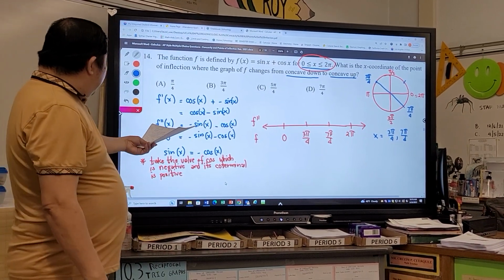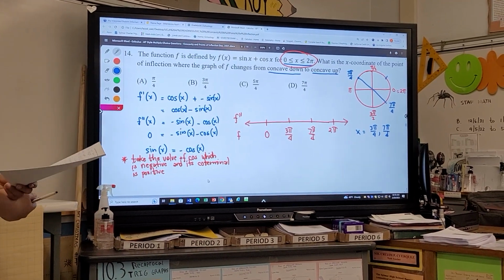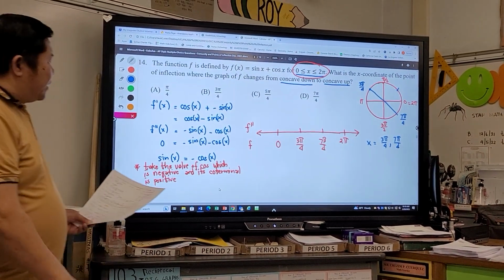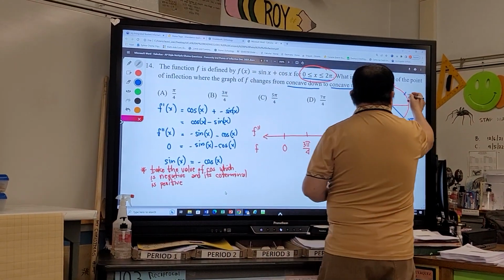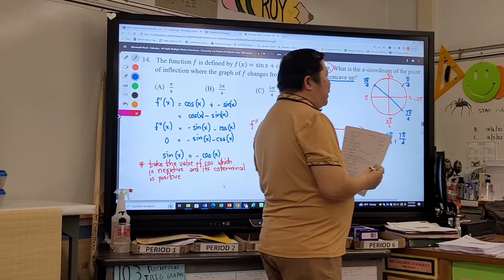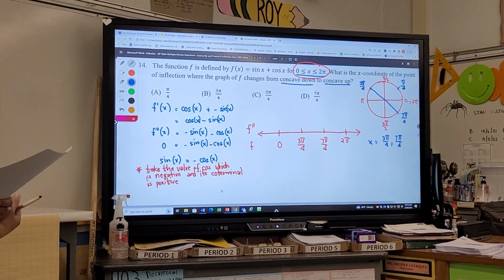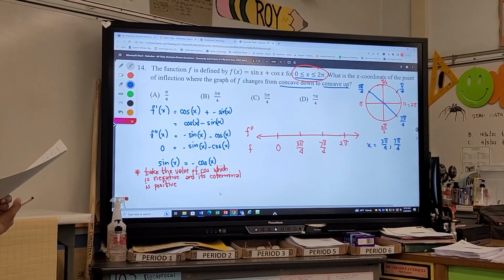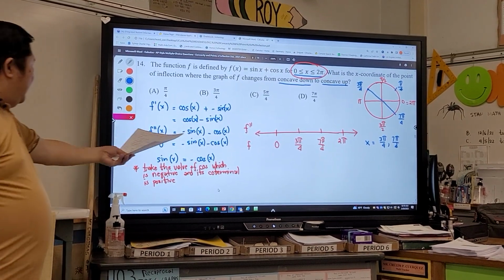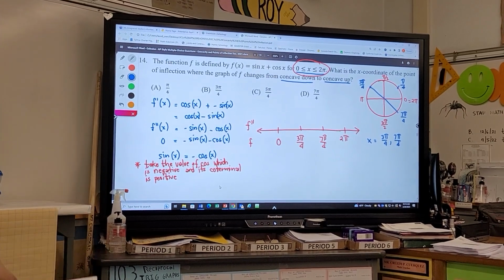So this is the f double prime. Can you now plug in and just choose which of these? Can you choose pi over 4, or pi over 2 rather? If you choose pi over 4, from this, negative and negative, so both are negative, right?